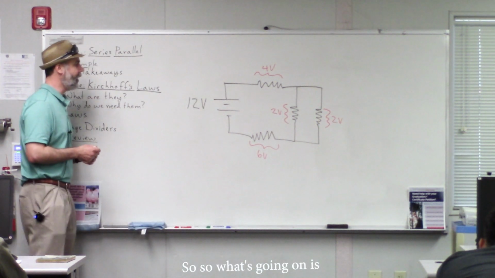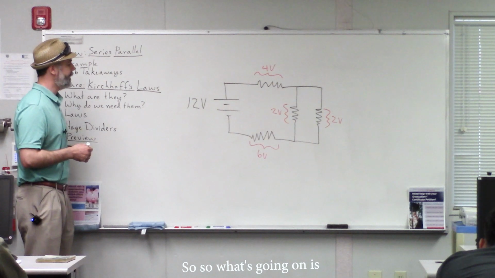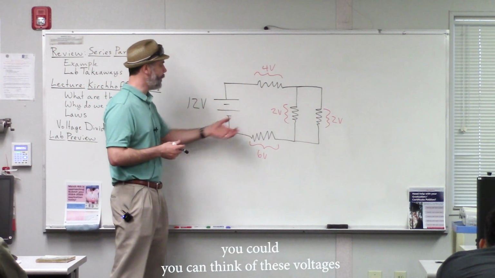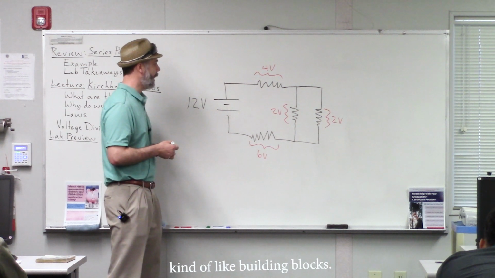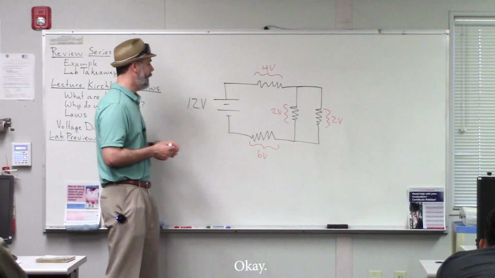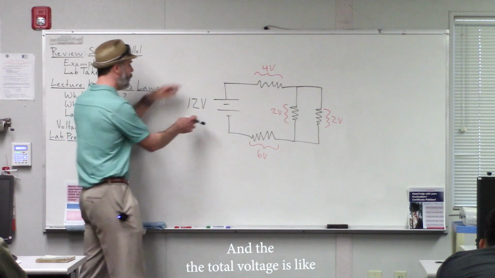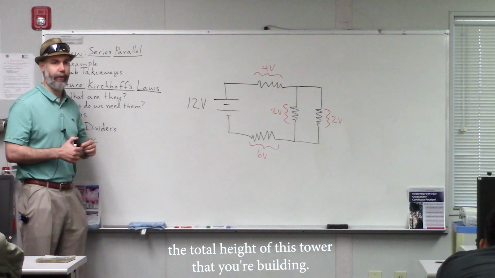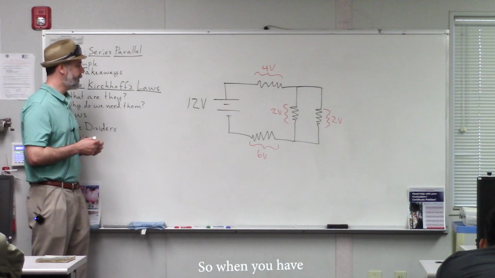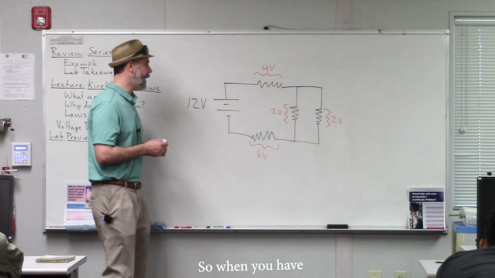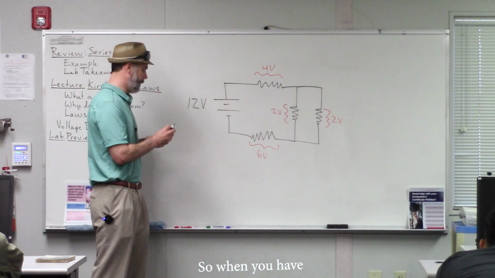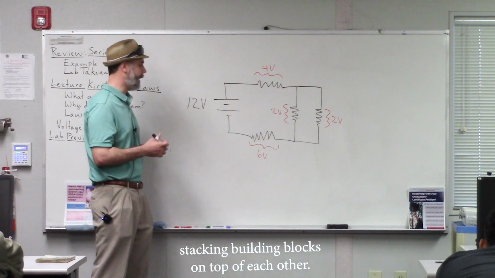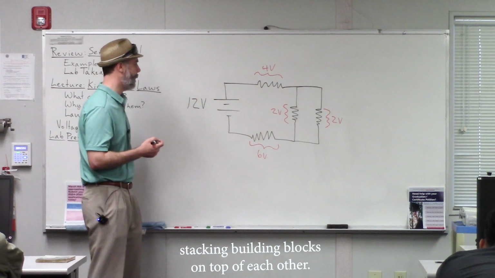So what's going on is you can think of these voltages kind of like building blocks, okay? And the total voltage is like the total height of this tower that you're building, okay? So when you have resistors in series, that's kind of like stacking building blocks on top of each other, okay?